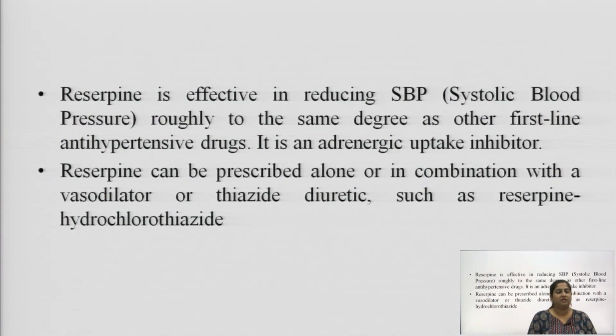Reserpine is effective in reducing systolic blood pressure roughly to the same degree as other first line anti-hypertensive drugs. It is an adrenergic uptake inhibitor. Reserpine can be prescribed alone or in combination with a vasodilator or a thiazide diuretic, such as Reserpine hydrochlorothiazide.